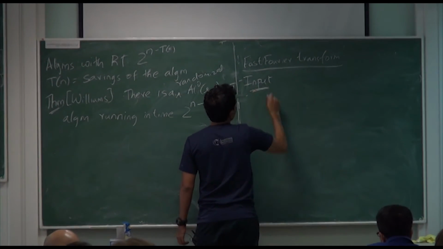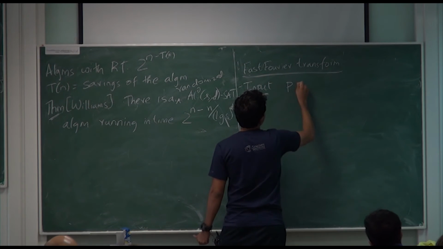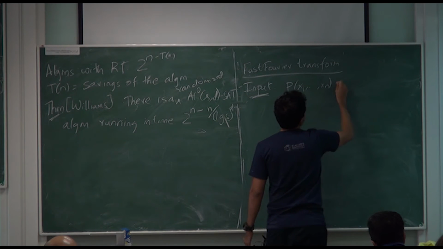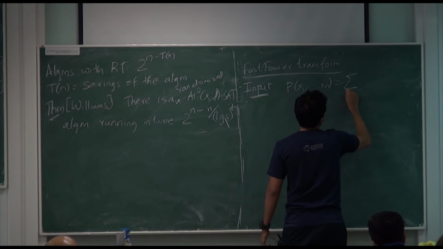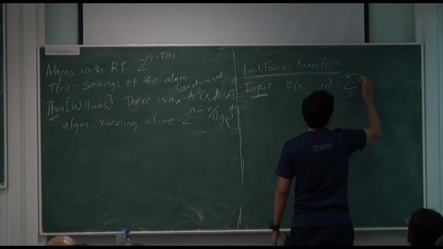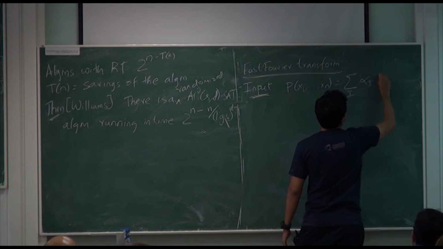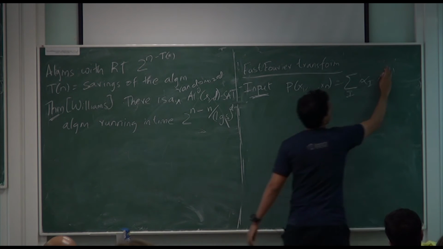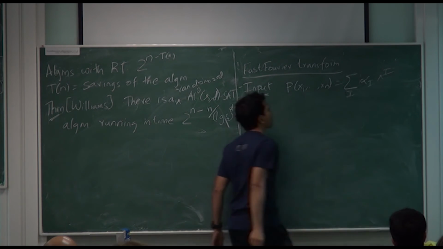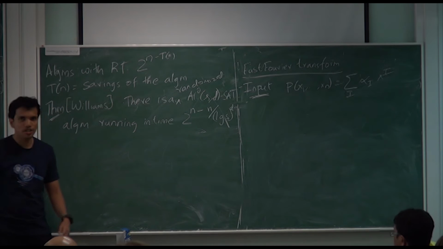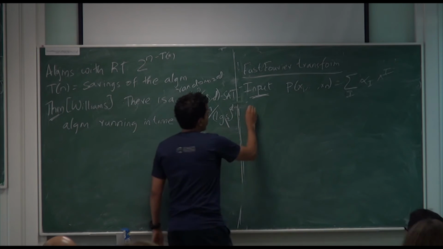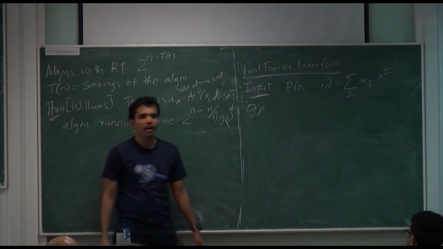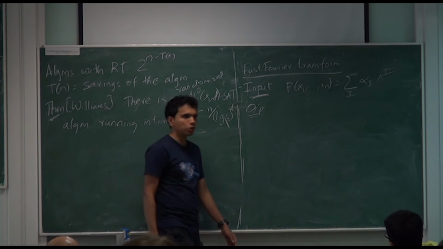is I have an input. As input, I'm given a polynomial, so let's say p of x, x1 to xn, which is a sum of monomials, and I'm given this polynomial just by a list of its coefficients. I don't assume anything about its degree. I'm just given this list of coefficients, and the desired output is the set of all evaluations of p on the hypercube.